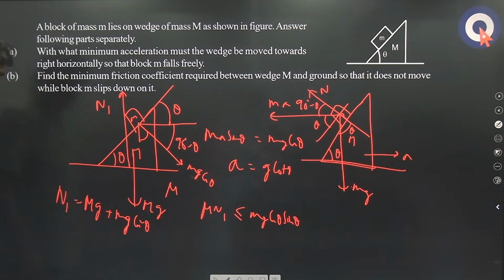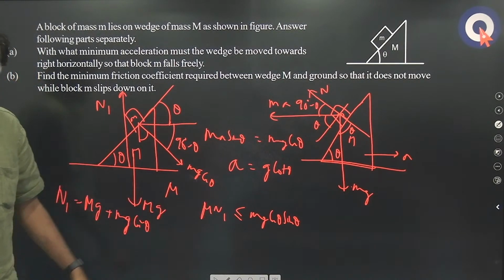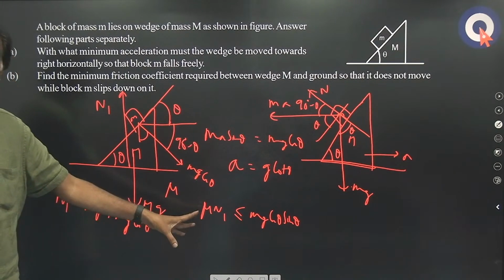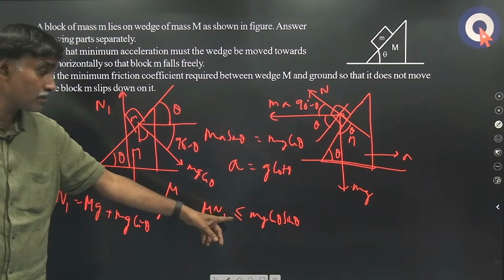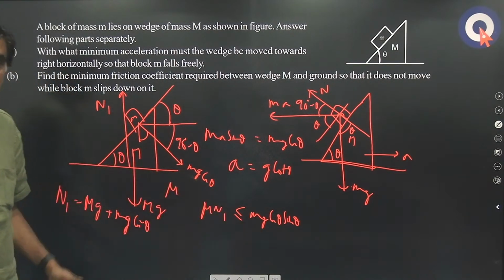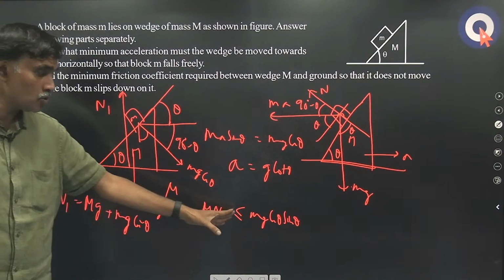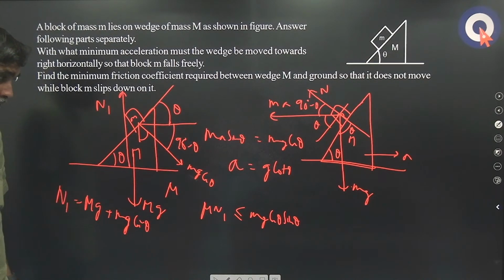Substitute this N1 value here and take it to the RHS. So what is the minimum coefficient of friction if they ask? We can write equal to directly. Mu should be greater than or equal to small mg sin theta cos theta by N1. The minimum value of mu is then mg cos theta sin theta by N1. Okay, followed?